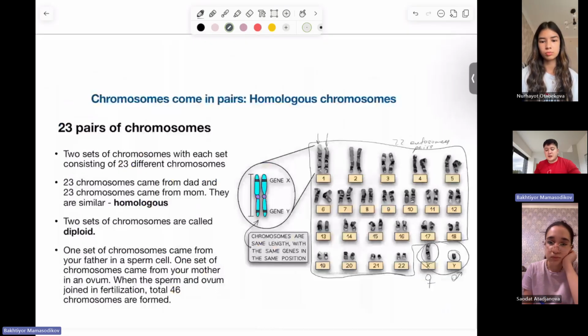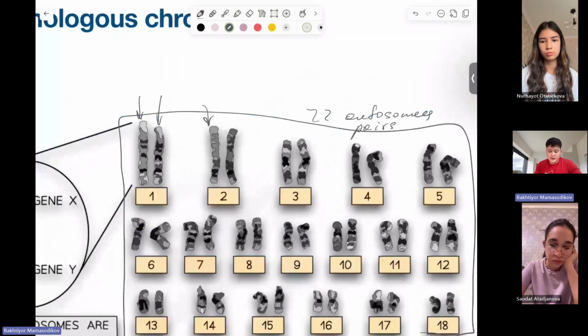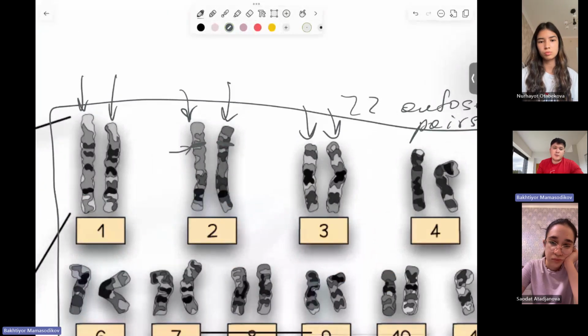So each pair here came from dad and mom. They are the same in length and gene location, but the gene version is different. For example, in this place you have a gene responsible for eye color, which is brown, but here it will be the eye color gene responsible for blue eyes.